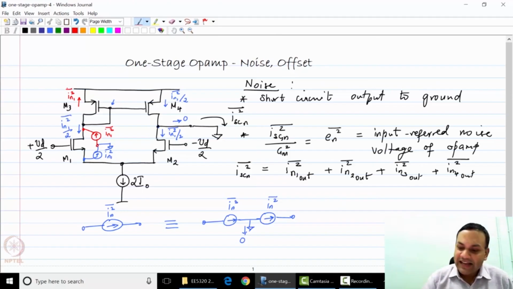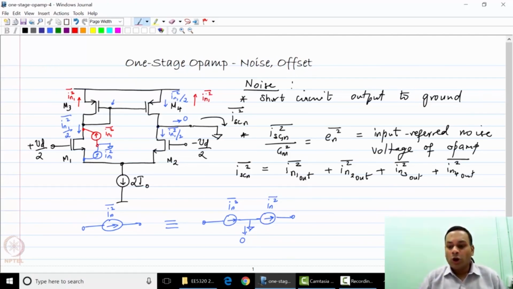If that happens, then that current will automatically get mirrored into M4 also. There is no noise current through M2, and all of this current will flow into the short circuit at the output node.